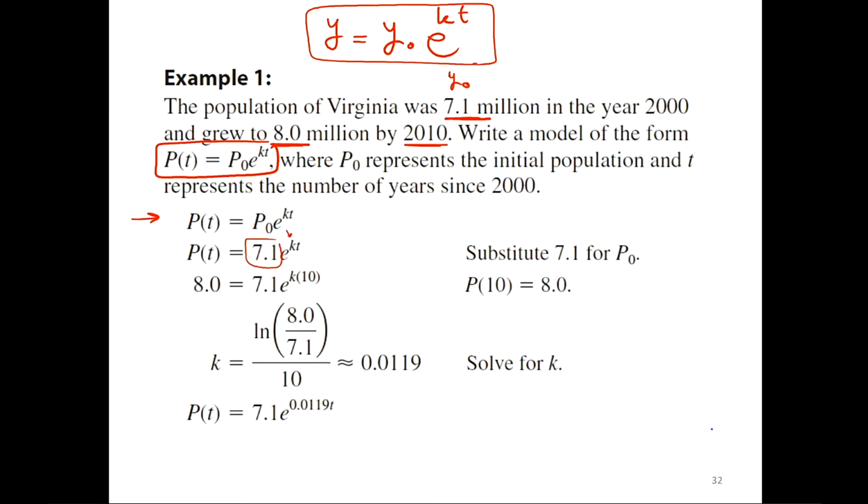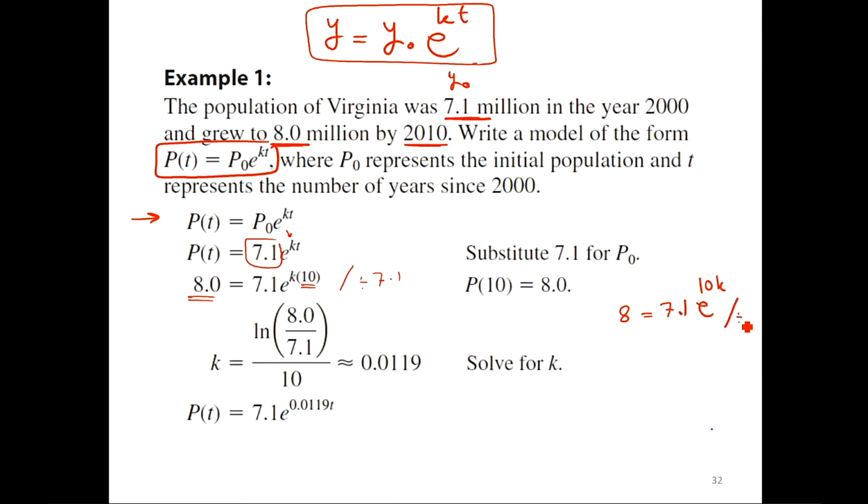How can we find the k? From another given value in the future. For example, we have 8 million after 10 years, from 2000 to 2010. So firstly divide by 7.1. We have 8 equals 7.1 e to the power 10k.